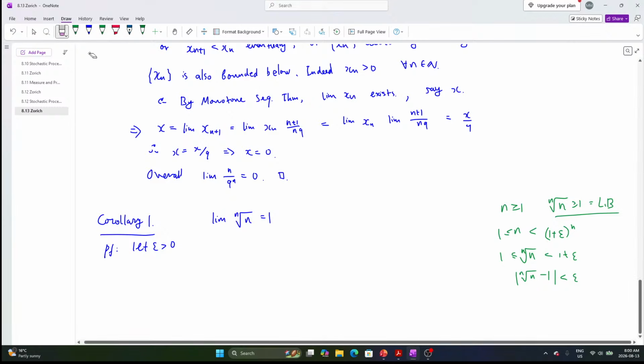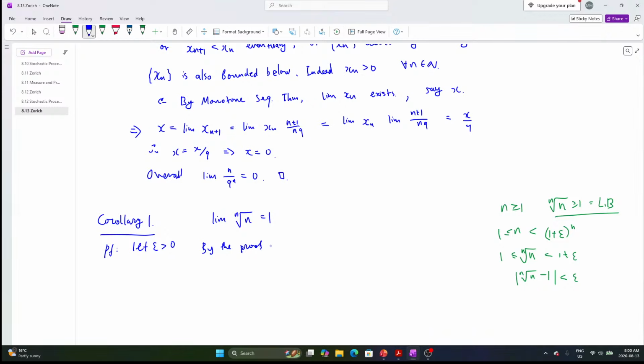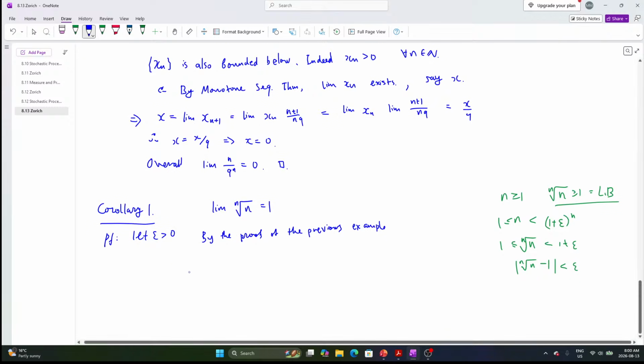So by the proof of the previous example, we have (n over 1 plus epsilon) raised to the n less than 1 eventually.